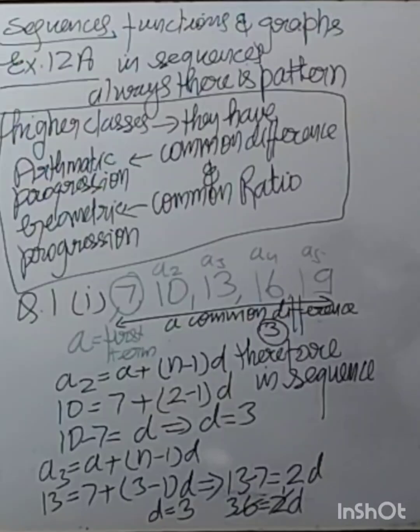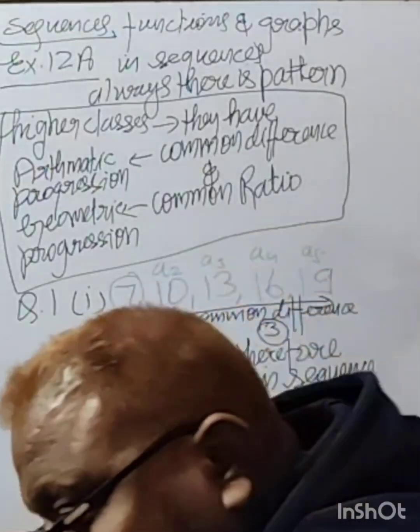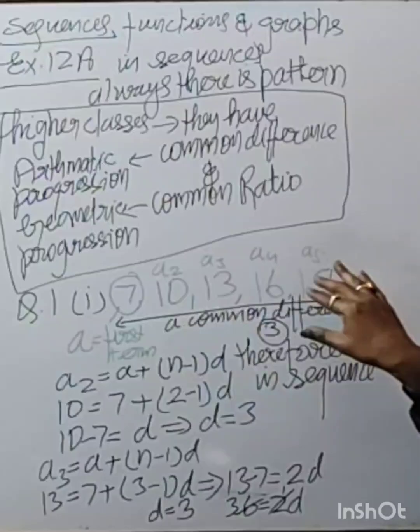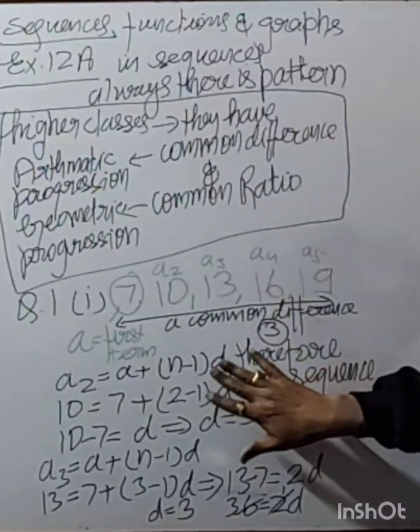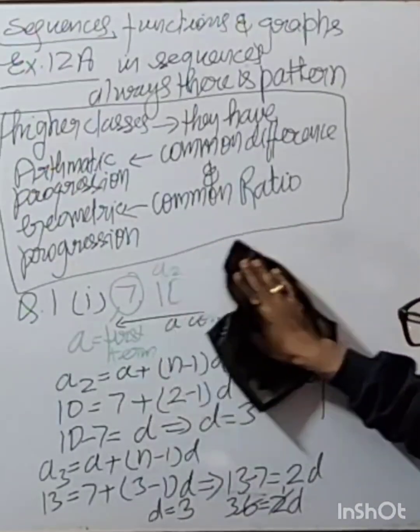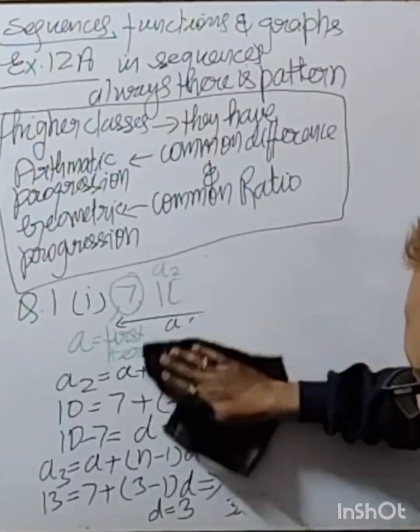Yeah, I got it. Here this formula works for arithmetic progression because it has a common difference. But in your class it is not working everywhere.